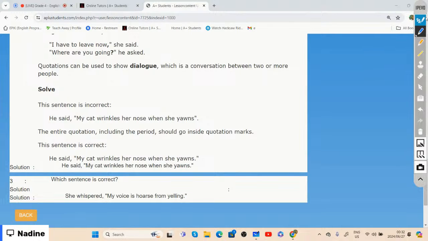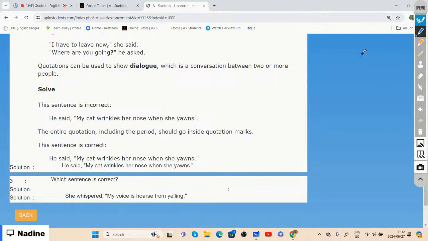All right. And if we were to choose the correct one, we would say this is correct because we have she whispered, comma, open quotation mark. We have our first word capitalized, my voice is hoarse from yelling. And then we have our period, which is inside. So this is correct. So well done.